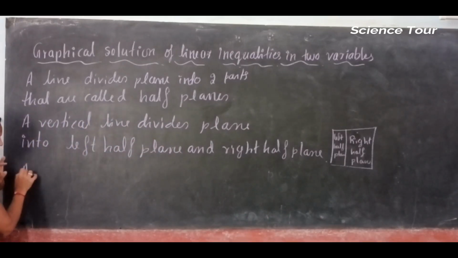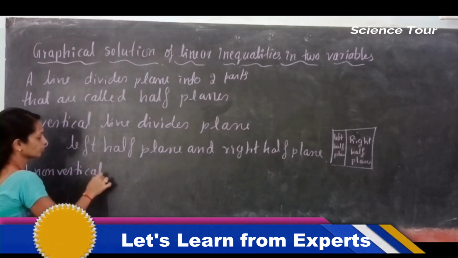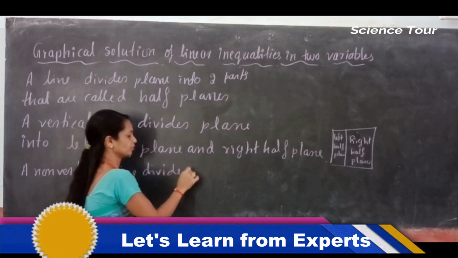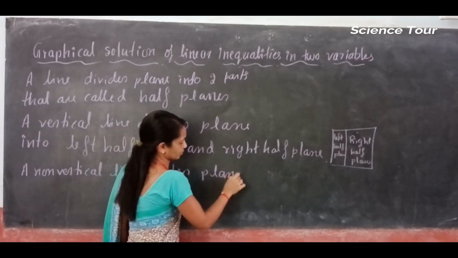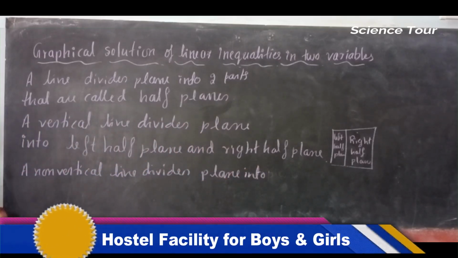And a non-vertical line divides the plane into what and what? Upper half plane and lower half plane.